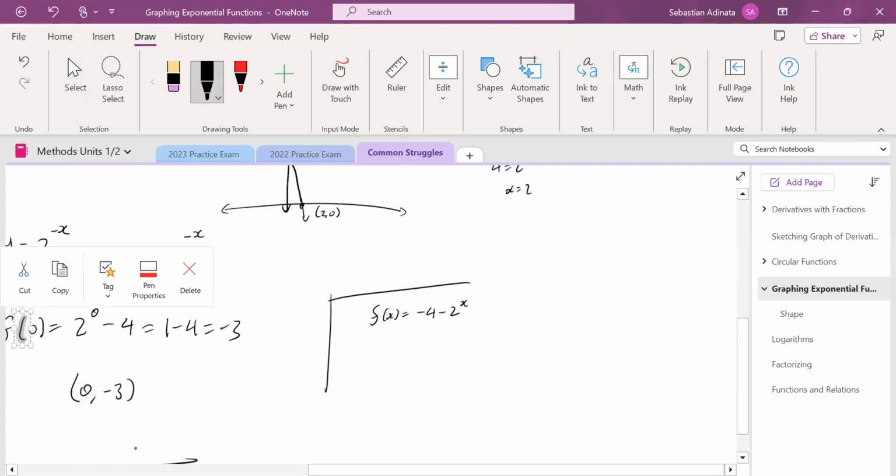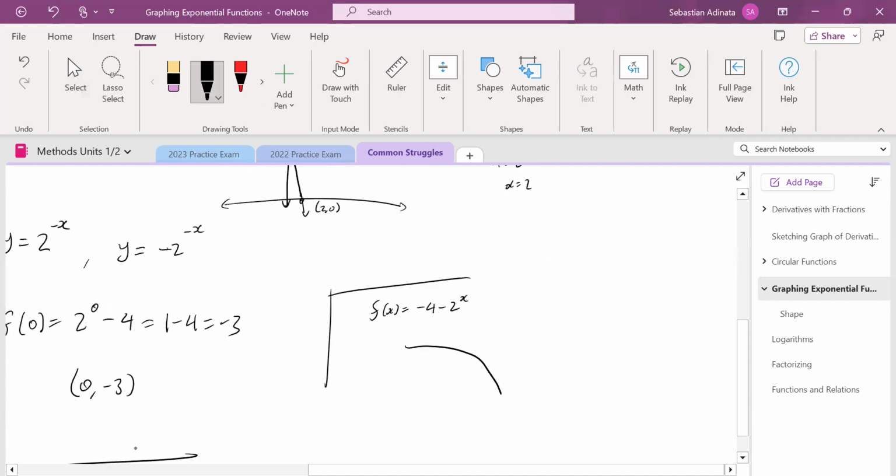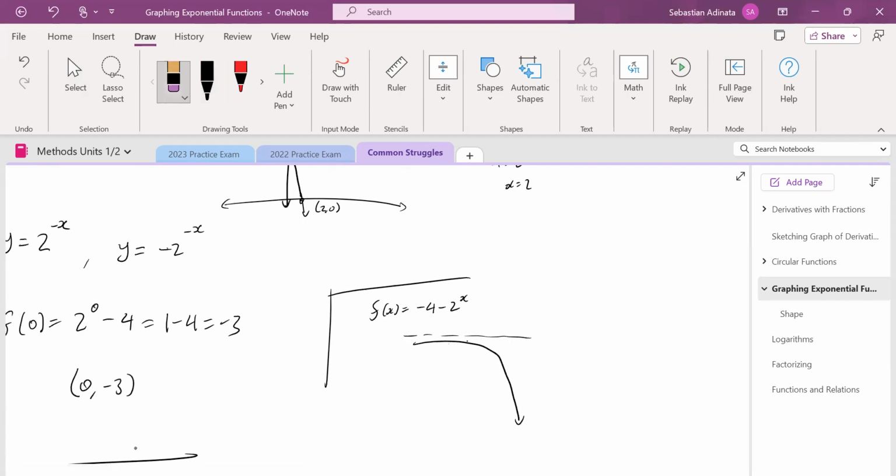Shape, it's the same as last time. It's going to look like this. Now, asymptote. Who can tell me? y equals -4. Now, sub x equals 0. We end up with -4 minus 2 to the 0 equals -4 minus 1 is -5.